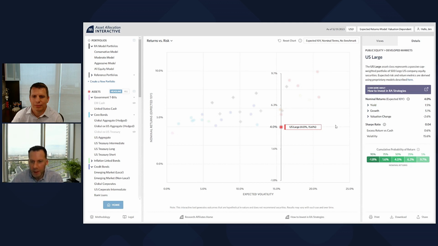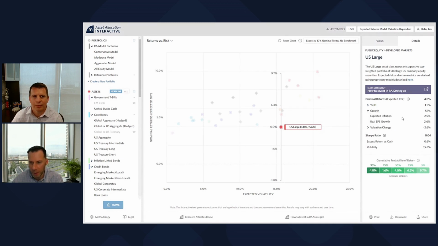To add a little more transparency, I've gone ahead and clicked on U.S. large here, and we can see that we utilize a building blocks approach to get to that 4%. So it's really the summation of three components. The starting dividend yield, which is about 1.5% currently. Our expectation for earnings per share growth, which is about 5.1.